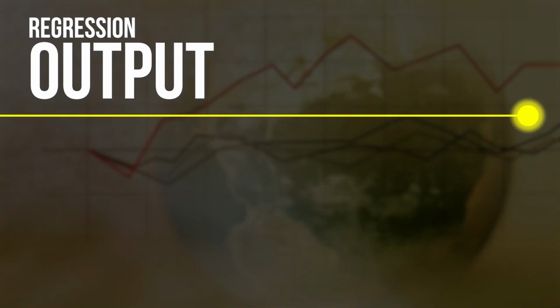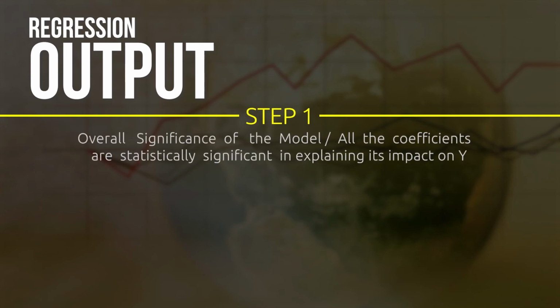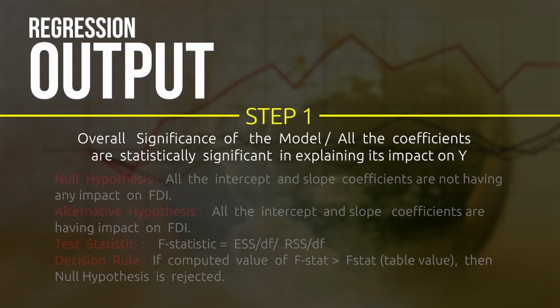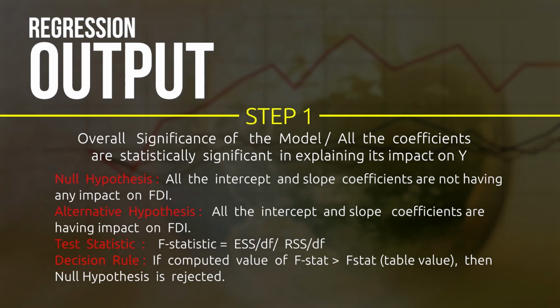Now we go through the stepwise analysis of the regression output, because in whatever software we do this exercise, we get three different steps in the output. In step 1, we want to claim the overall significance of the model, that is, whether all the coefficients significantly affect the dependent variable.